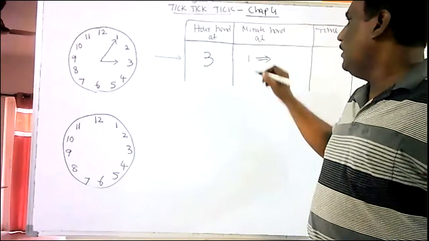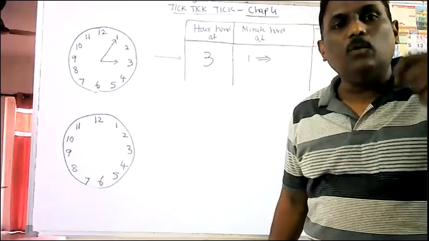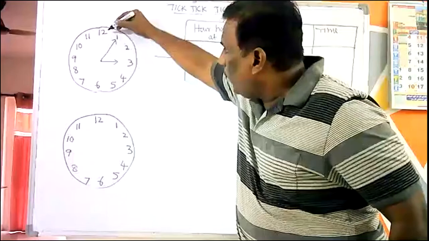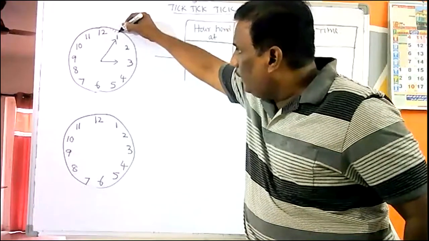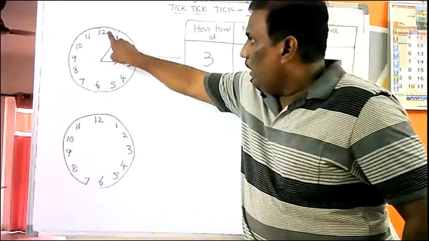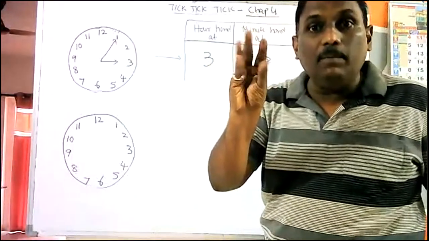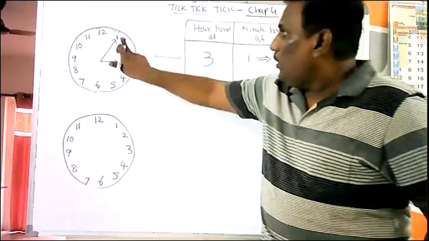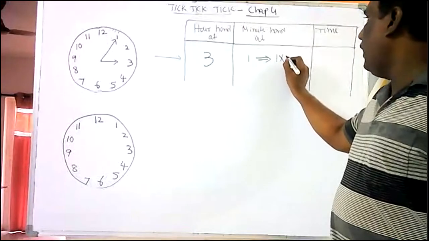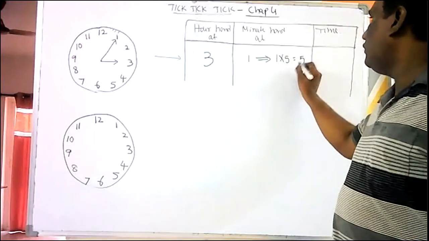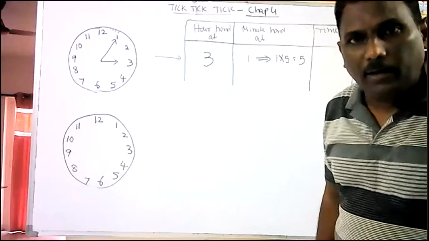That means wherever the minute hand is, you have to multiply this with 5, because from 12 to 1 there will be small lines: 1, 2, 3, 4, and this is 1. So between two numbers there will be 5 minutes. So this number 1 means it is 5 minutes. Always multiply the minute hand number with 5.